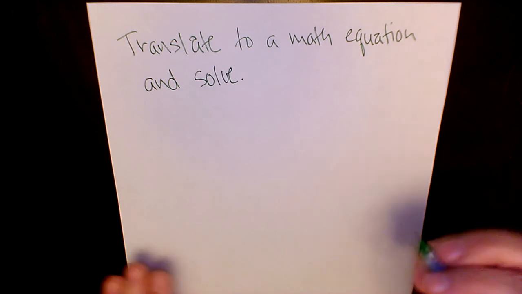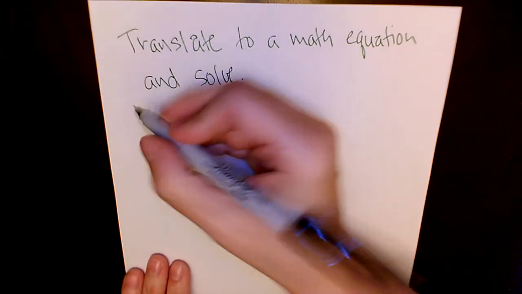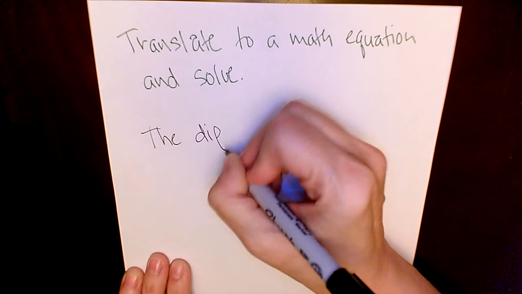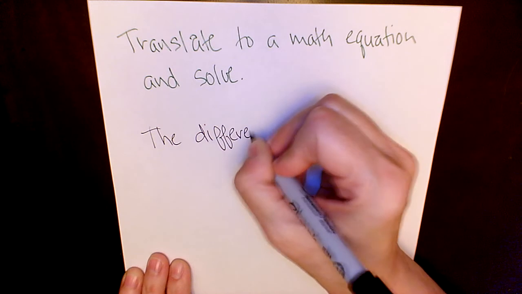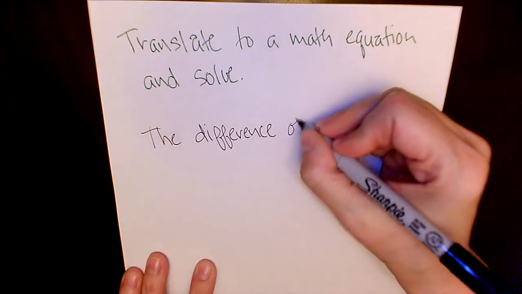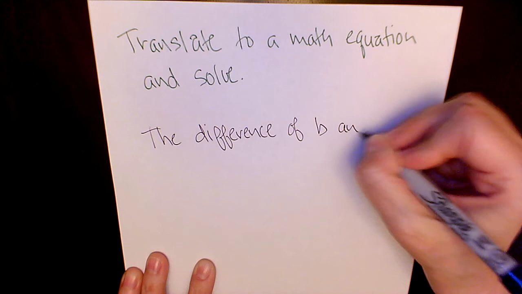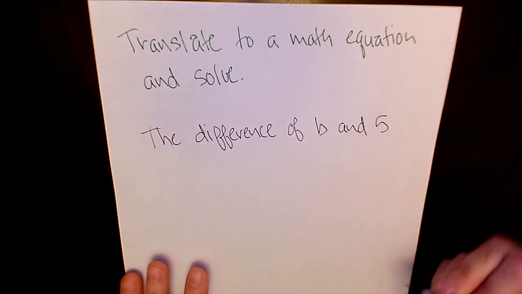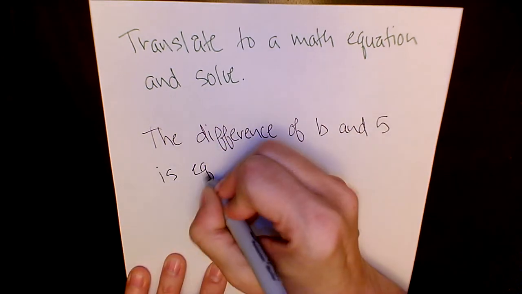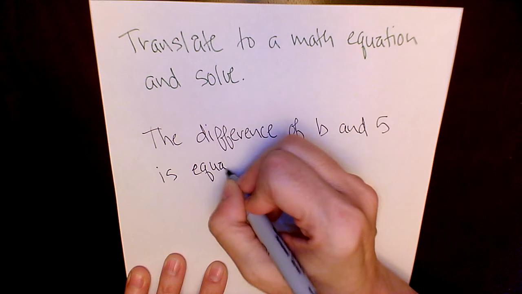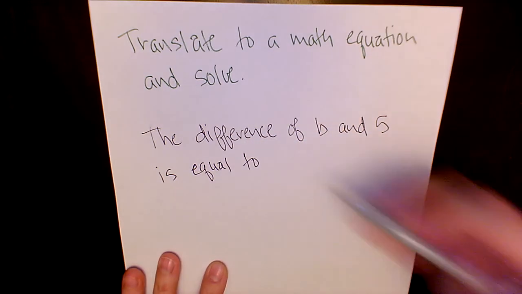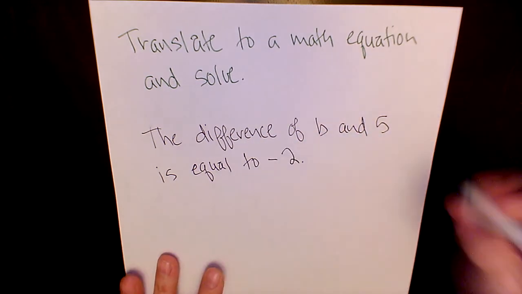So here is what I want to translate from English to math. The difference of B and 5 is equal to -2.